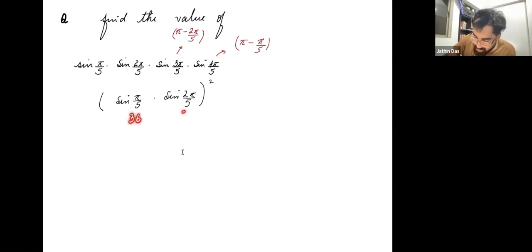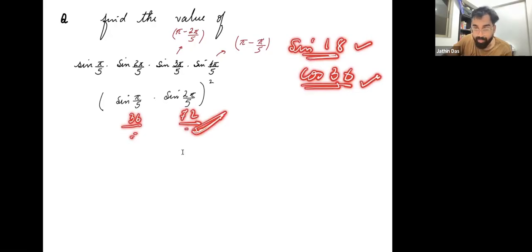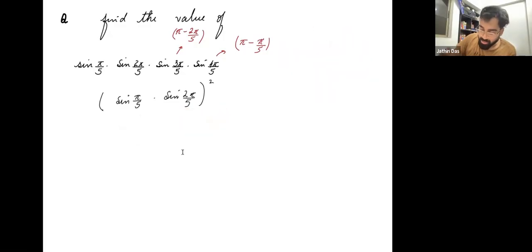Okay, sine 36. This is 72. So I told you, always try to play with these angles, sine 18 and cos 36. This is anyway okay. This is all the opposite values actually speaking. You can put the value as I said already. But if you want to play with this, you can do one more thing to this step.